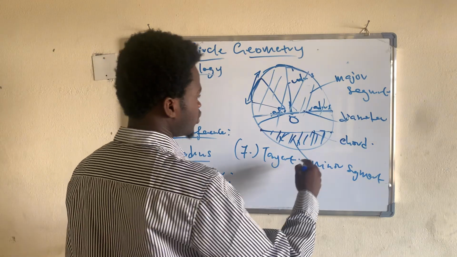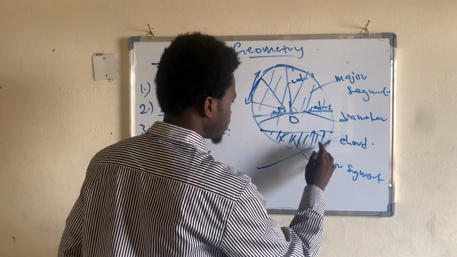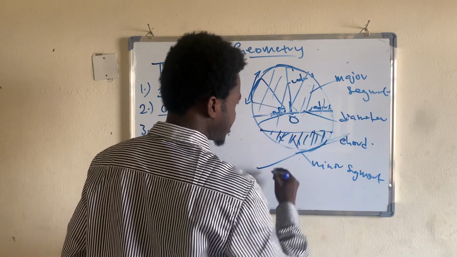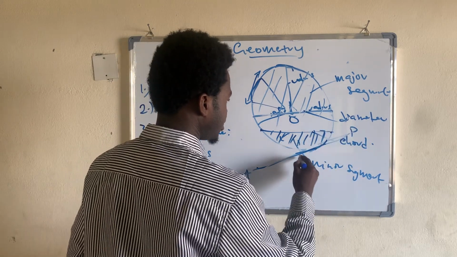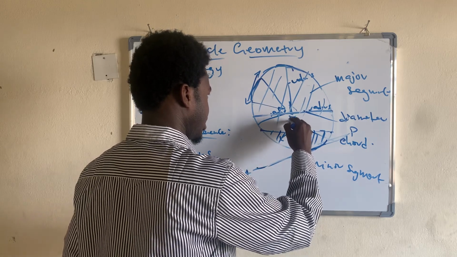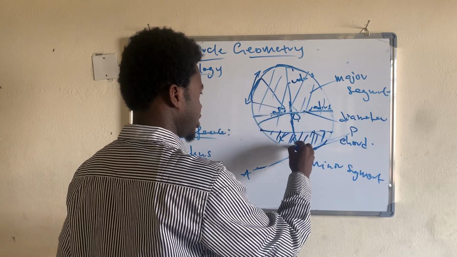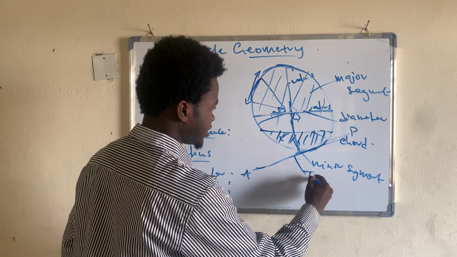For example, if I draw a line this way, and it hits the circumference just at this point, let this be A, let this be B, and this is the radius from here to here, this point O. Now this is a tangential line.